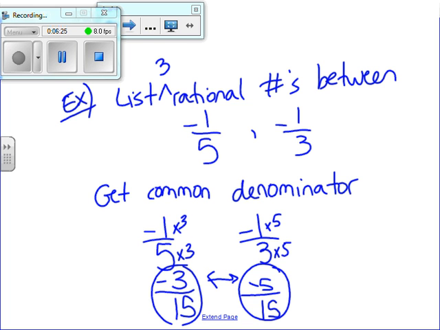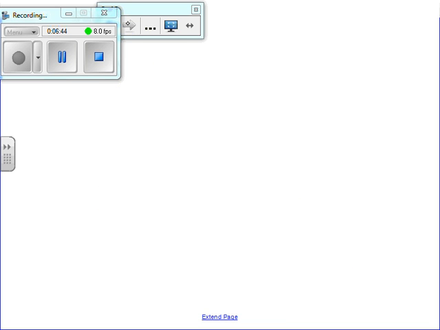So a number in between that would be -4/15. But that's not enough. I need 3 of those guys. So what I'm going to have to do is get common denominators again that are a little bit smaller. So I'm going to multiply both of these fractions again, and I'm going to do that on the next page.